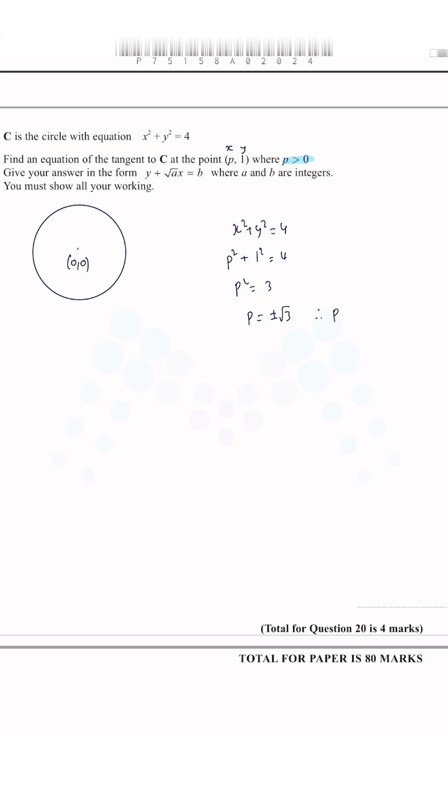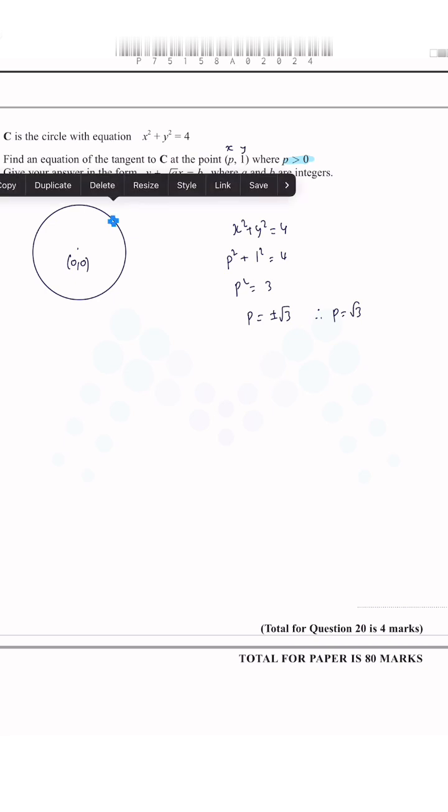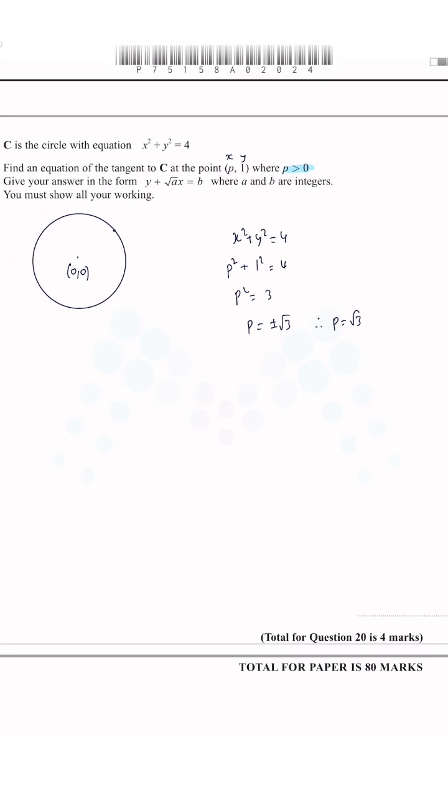Therefore, p equals root 3. So my point on the tangent, somewhere over here, is root 3, 1.